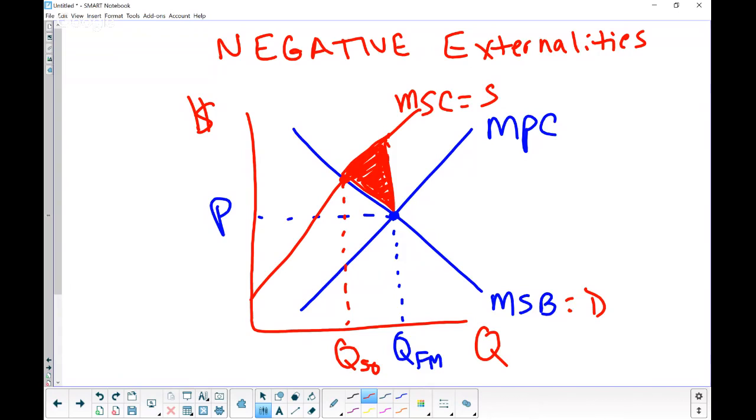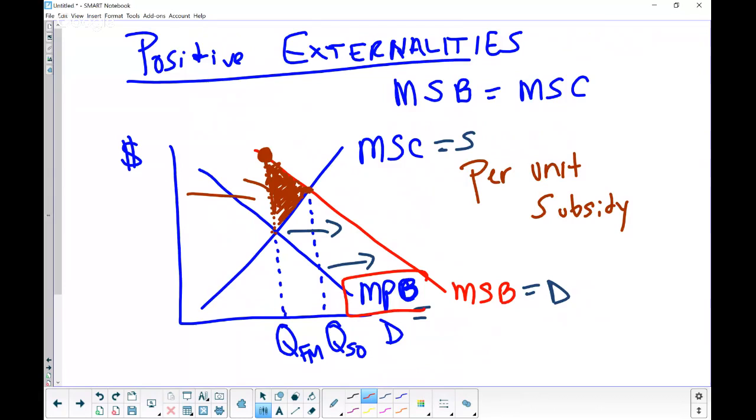Now, a couple key concepts here, real quick. If you ever see MPC, you immediately know what? Negative externality. If you ever see MPB, it's going to be positive externality.